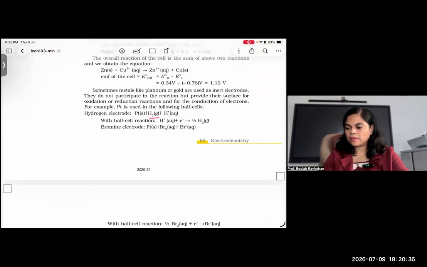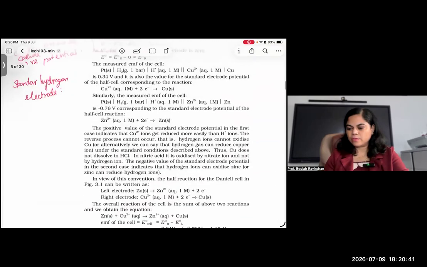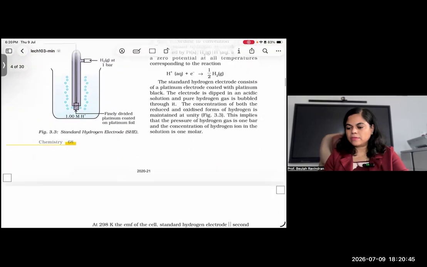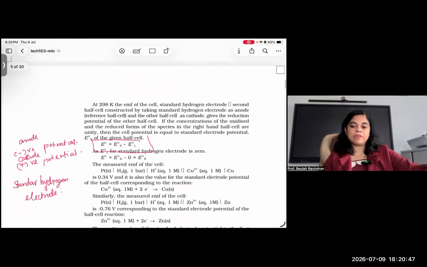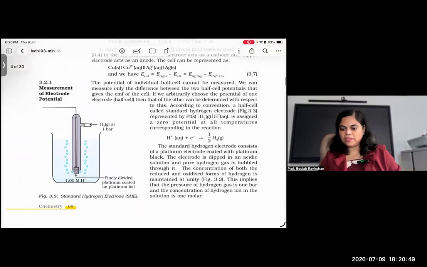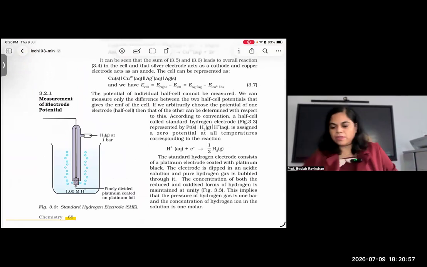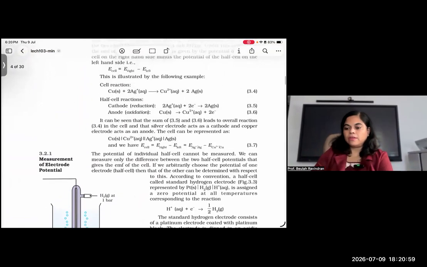Let me explain all these processes right now: how you can measure the electrode potential. This is a very important topic. You must know it. So you have to measure the electrode potential.